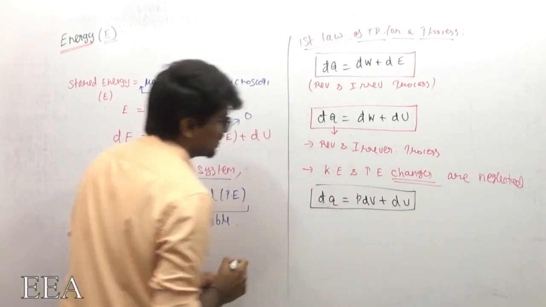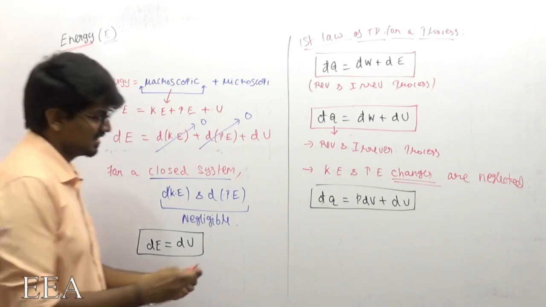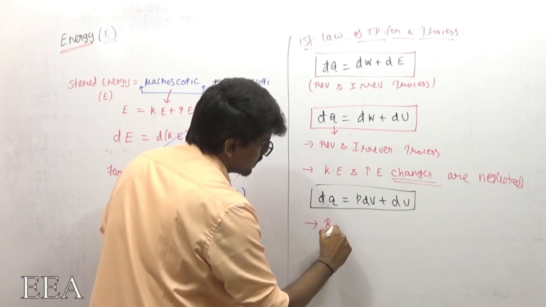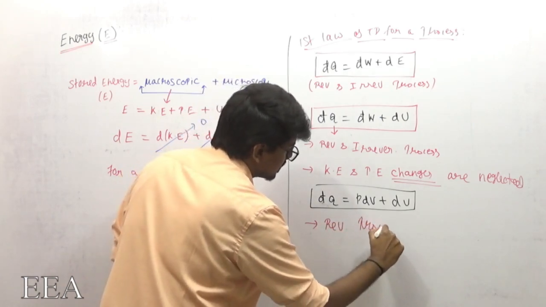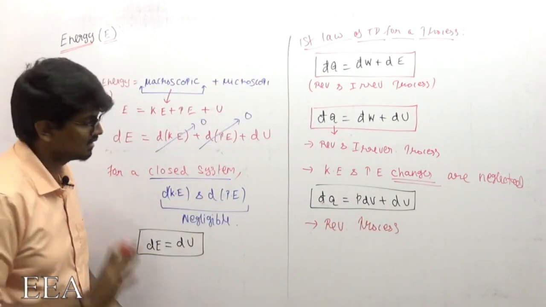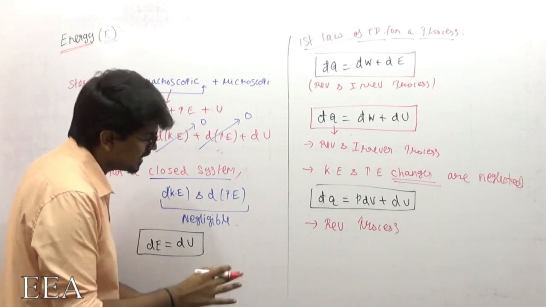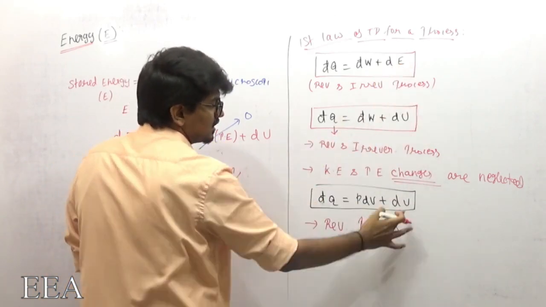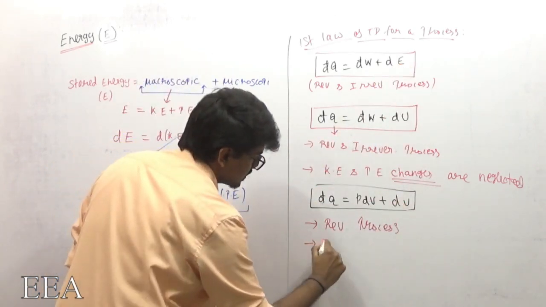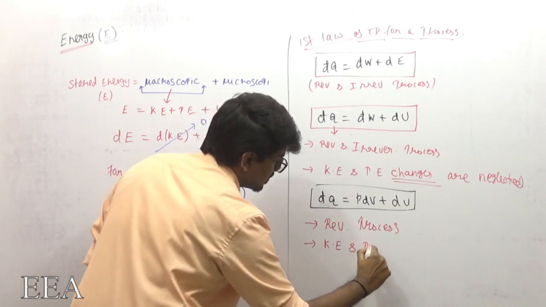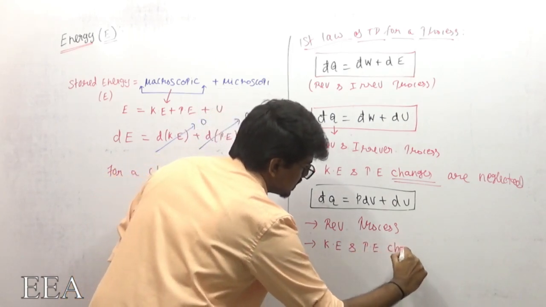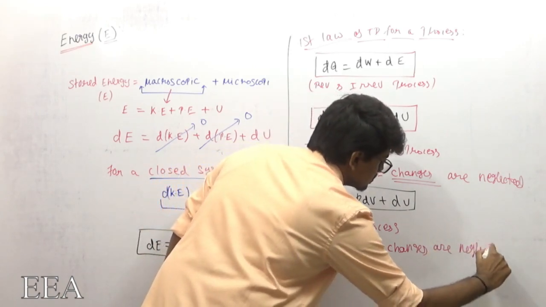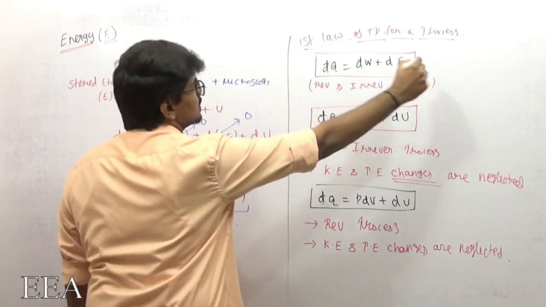What are the assumptions included in this equation? First, in place of d'W, I substituted P dV, so only a reversible process. And then I replaced dE with dU, which means kinetic energy and potential energy changes are neglected. Of course, it is for a closed system.